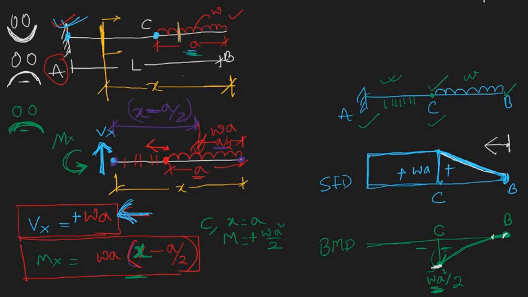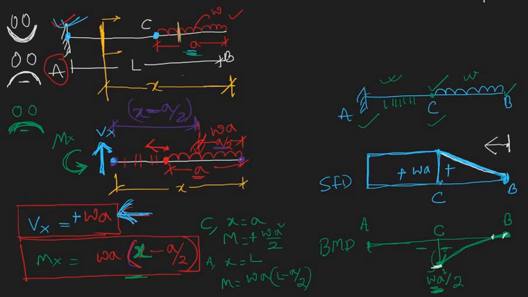Now from point C to point A, how is it varying? It is varying linearly. At point A, x is simply L, so the moment is coming as WA times L minus A by 2.